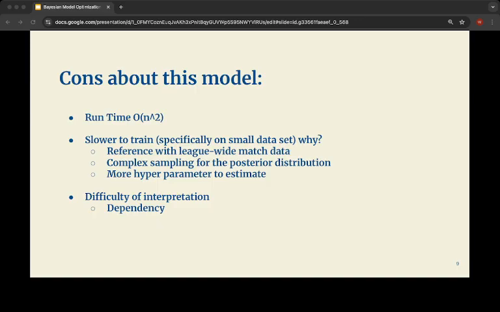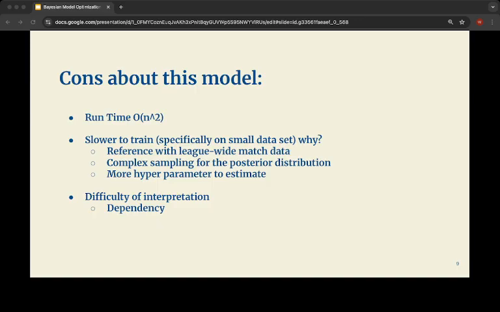And it's more difficult to interpret because attack and defense are a hierarchical model. Individual teams' values depend on league-wide trends. It's harder to explain compared to direct estimates from the single-level model, because of the more complicated conditions it adapts to.